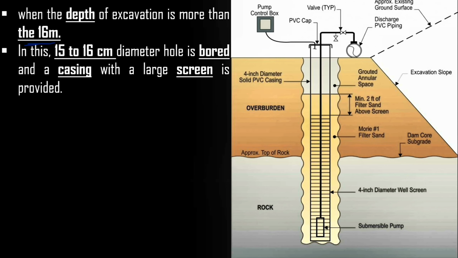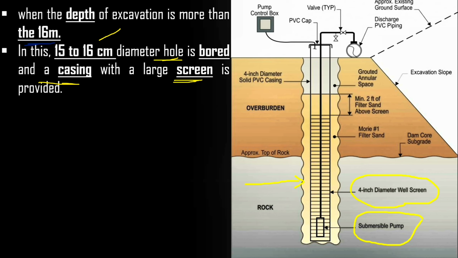In this method a 15 to 16 centimeter diameter hole is bored, and a casing is utilized along with a large screen. For example, the outer area is represented as the borehole, and its diameter is 15 to 16 centimeter. Thereafter I install the screen. Why screen? Because at the end we use the submersible pump.